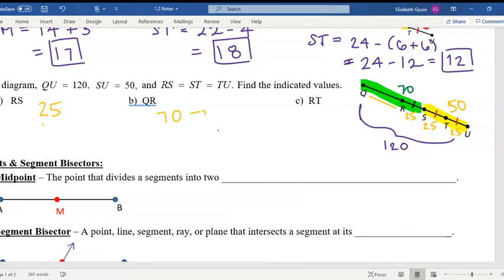I know I have 25 so far, so subtract that out. You should get 45. And then RT, from R to T is 25 plus 25, which would give you a total of 50. Okay, so that's just one strategy. You can go by piece if you want. It's up to you. In the next video, we're going to talk midpoints and segment bisectors.